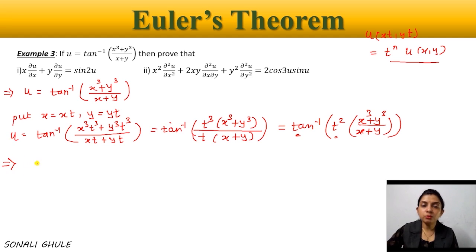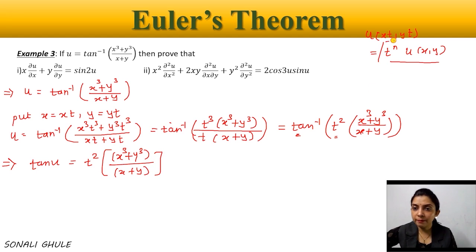So if I transfer this tan inverse to the left hand side, that will be tan u is equal to t square, and what is the original function? x cube plus y cube upon x plus y. Right? So now this time I can represent the function in this format.